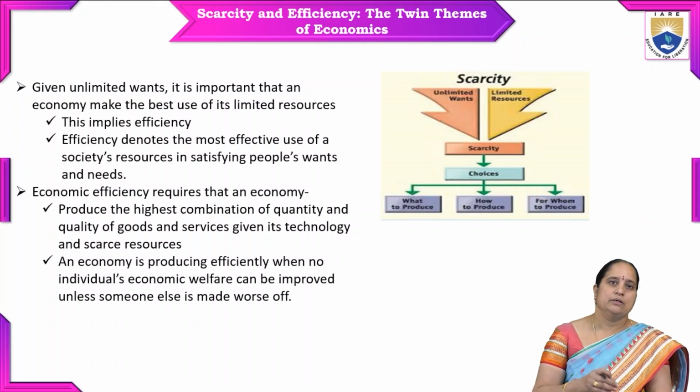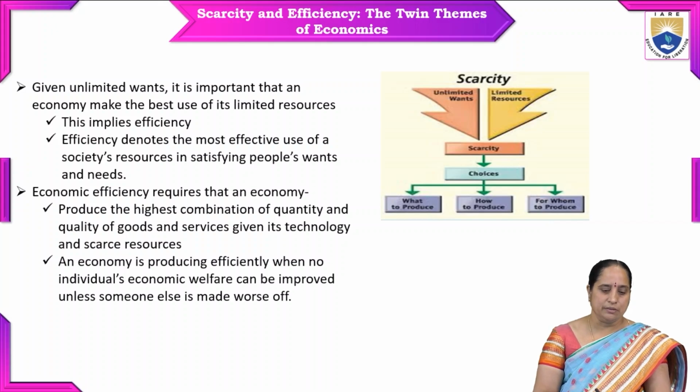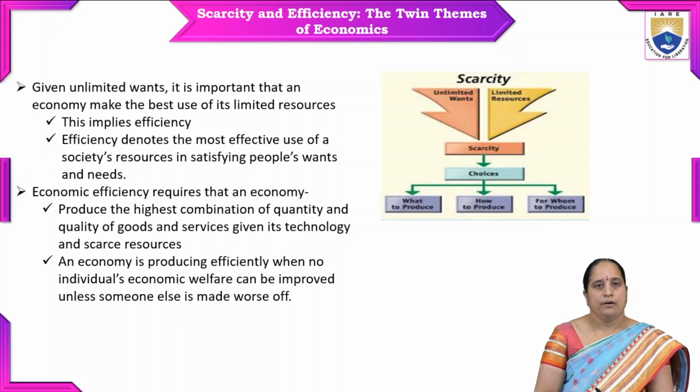People want qualitative goods and services in the expected quantities. An economy is producing efficiently when no individual's economic welfare can be improved unless someone else is made worse off. That is the reason we can see that there are a lot of economic imbalances.